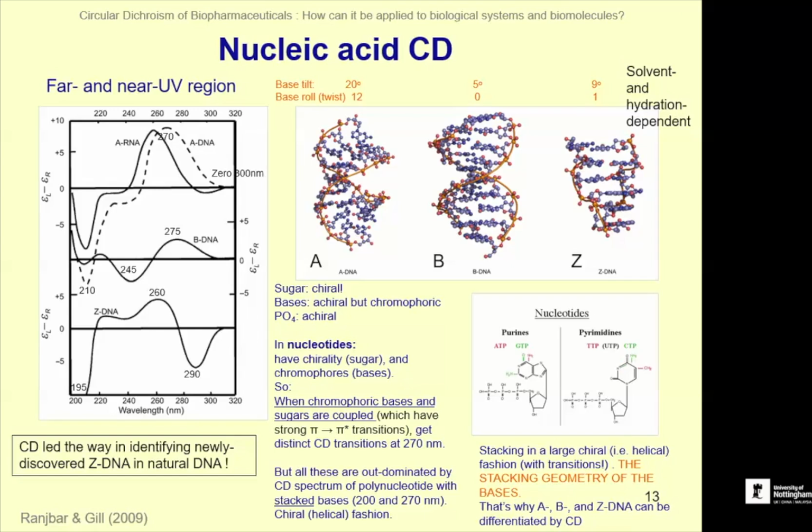It's possible if it's very, very compact, but it might not be on a sufficiently compact scale of compactness to impact whether it's A, B or Z. So I'm not sure about that. It's a good thought though, as to whether it could be different, whether it interacts with the protein and again changes the DNA a bit. Yeah, in principle. Okay.